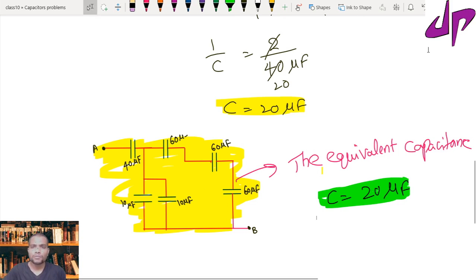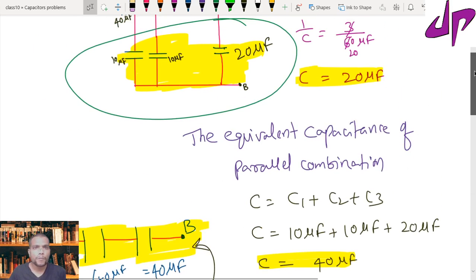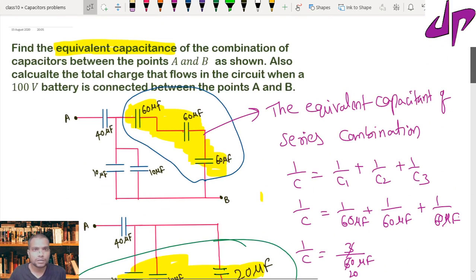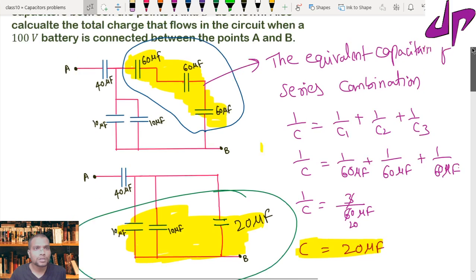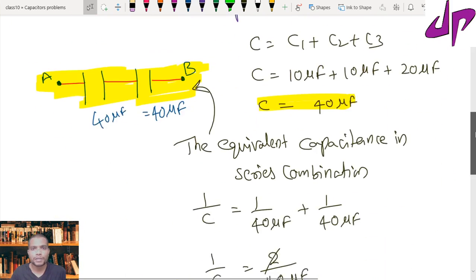Now after this, what we need to figure out is the charge. Also calculate the total charge when a potential difference of 100 volt is connected between them.